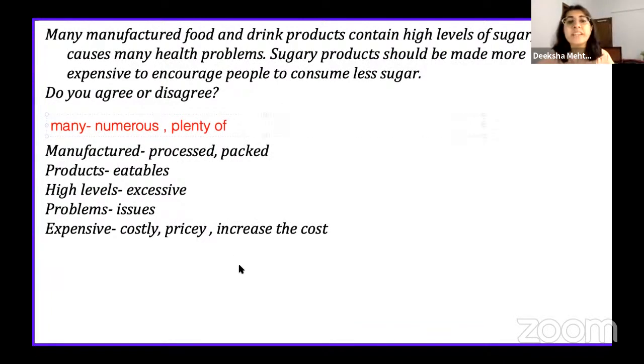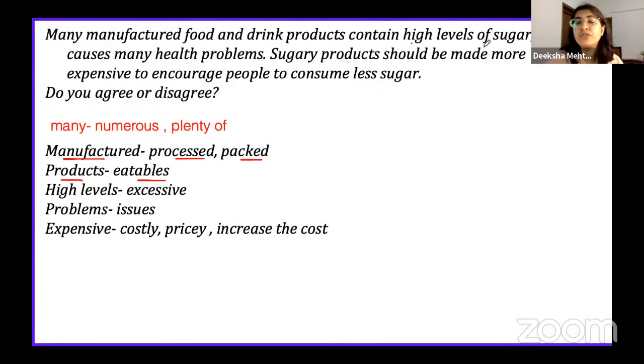All right. Instead of manufactured food, can I say processed food, packed food, packaged food? Can I say machine made food, right? Okay. Now instead of food and drink products, I can say eatables.